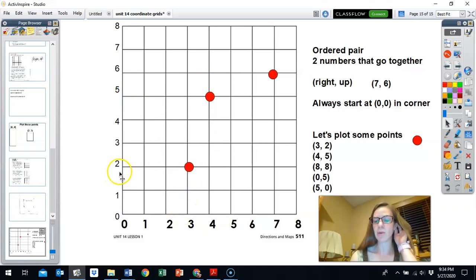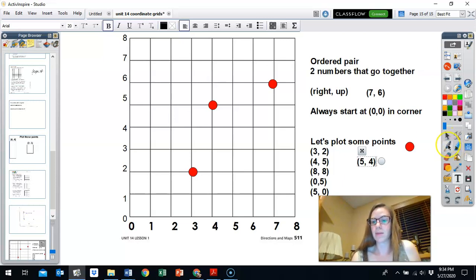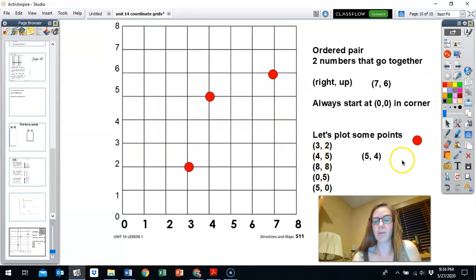Now you might be thinking, what if it's 2 and 3? Well, if it was 2 and 3, or 5 and 4 like this, it would actually be different. So we have to be careful that we're always going to the right first, because this is a totally different point.